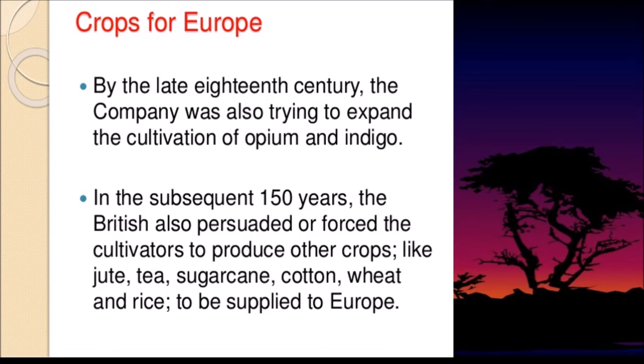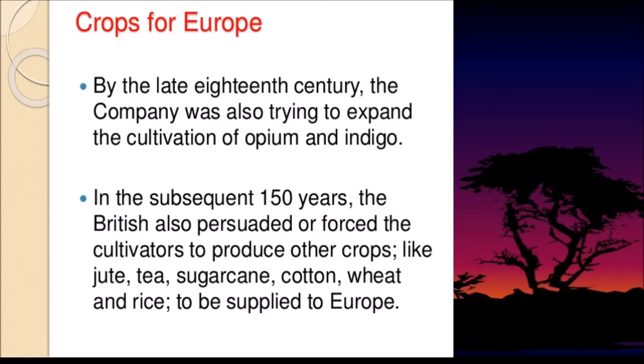Britishers were not solely dependent on the revenue generated from Indian territories in the form of taxes they levied. But they also decided to use the crops of the country in order to earn profit in the trading business. This we will study further.